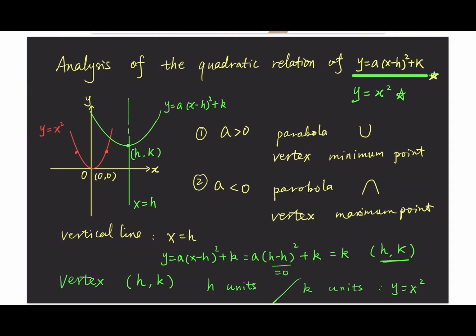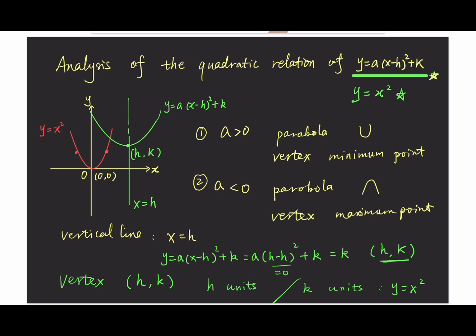So, in summary, we know the green curve represents this parabola compared with the basic parabola. We say the vertex should be moved horizontally by h. Here we assume h greater than 0, so the vertex will be moved to the right. k, representing the vertex, will be moved upwards by k.